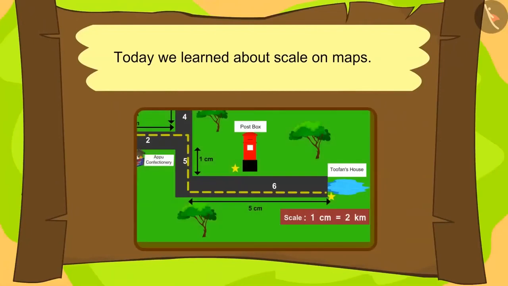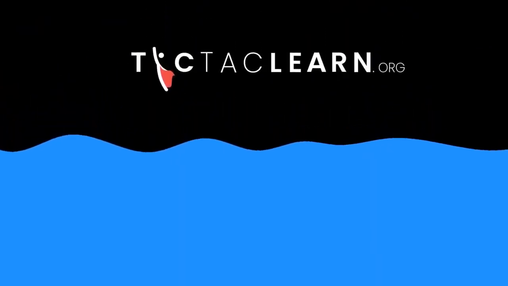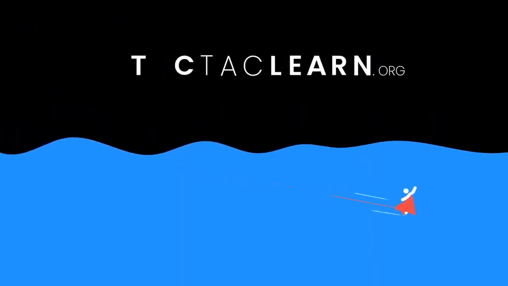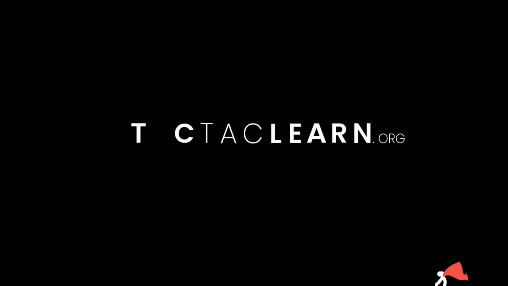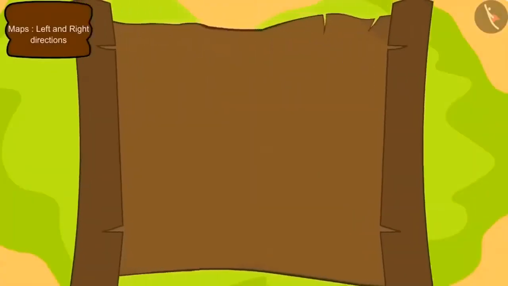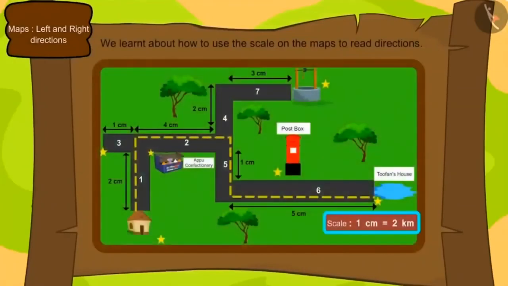Children, in this lesson, we learned about the scale on the maps. In the previous lesson, we learned how to use the scale on the maps.